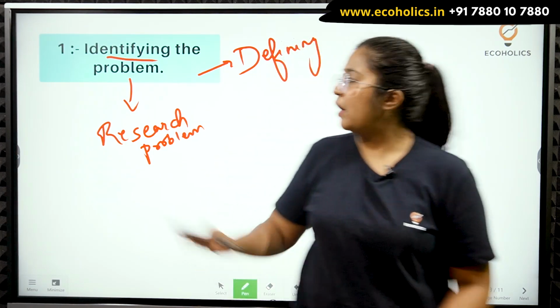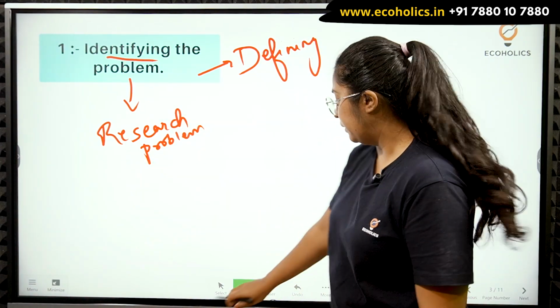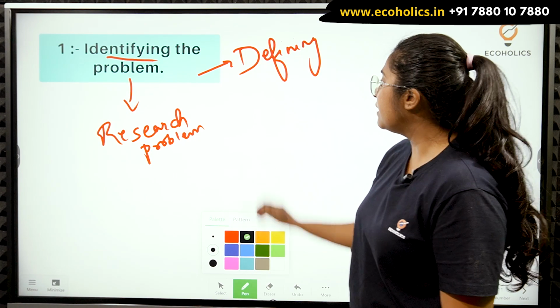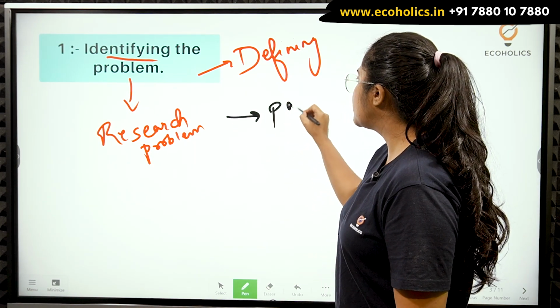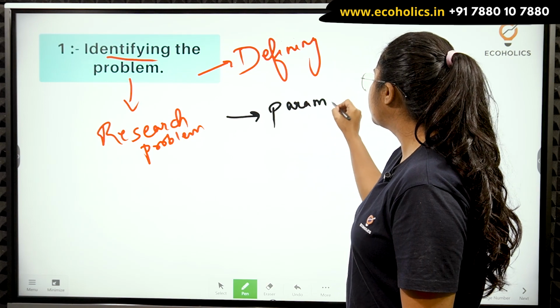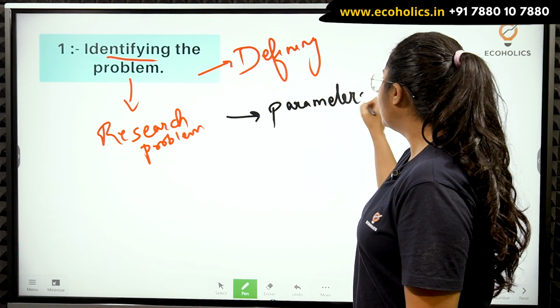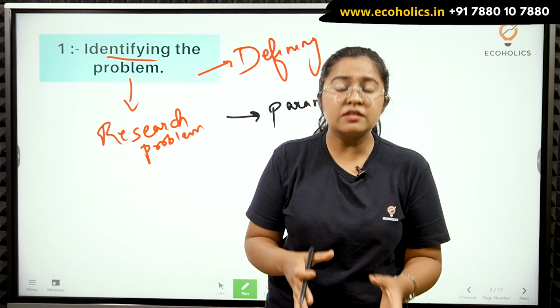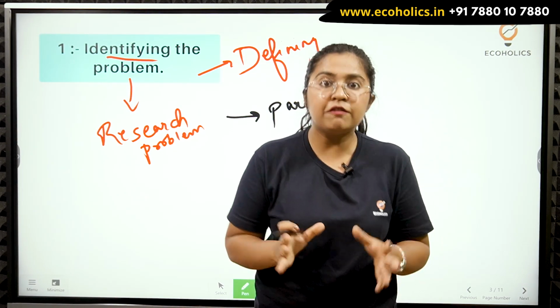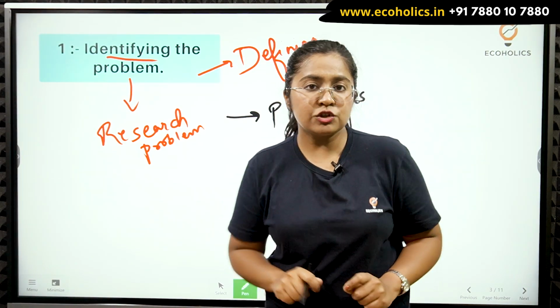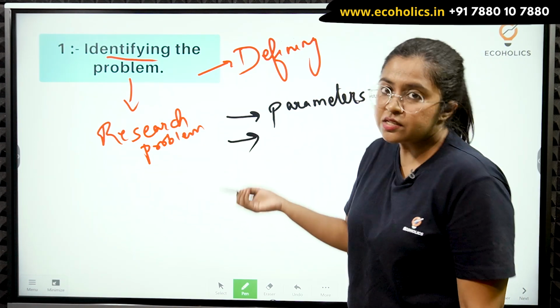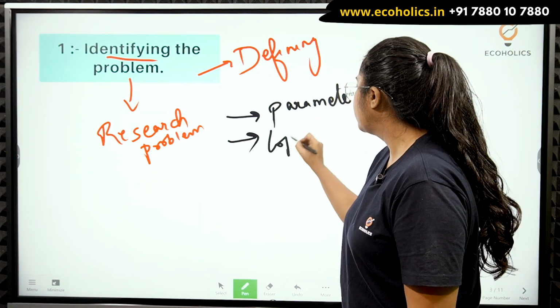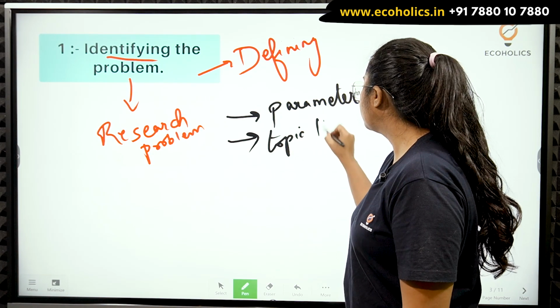Basically, when we talk about identification of the problem, we talk about various concepts like the parameters which are going to be used, the parameters, the factors, the variables that are going to be very, very important for your research. You will identify, of course, the topic, the theme.